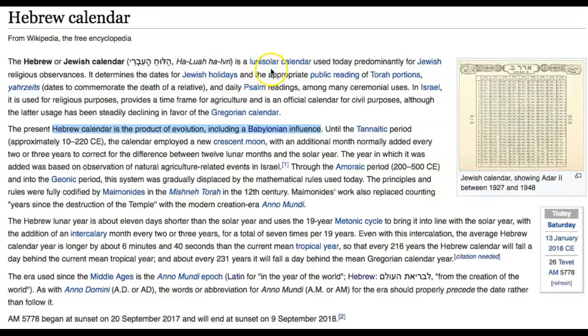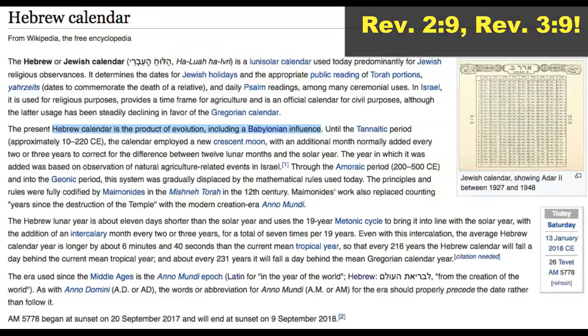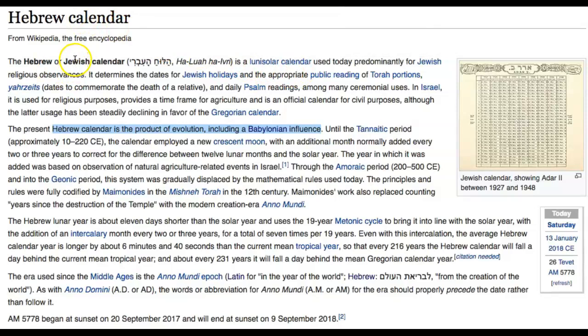They tell you that it's a lunar solar calendar, but they're actually lying because they go based on the moon, and we know that they're the synagogues of Satan and that they do lie. So for this video, I'm going to refer to it as the Jewish calendar because that's what it is.